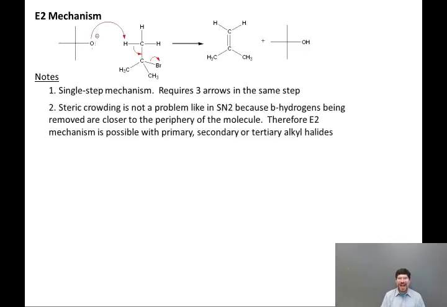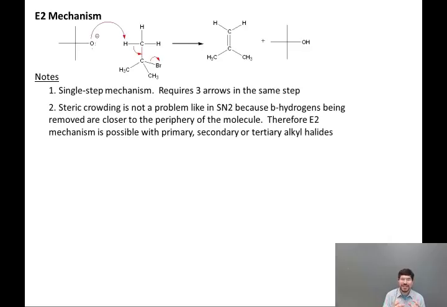So steric crowding in this case is not a problem like it is in an SN2 reaction, because the beta hydrogens being removed are closer to the periphery of the molecule. A tertiary alkyl halide will never undergo an SN2 reaction.